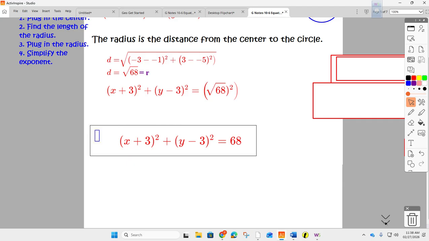So Pythagorean theorem, if you feel more comfortable with that, or the distance formula, if you feel more comfortable with that. I don't think either is less work than the other one, but I don't know. Any questions?